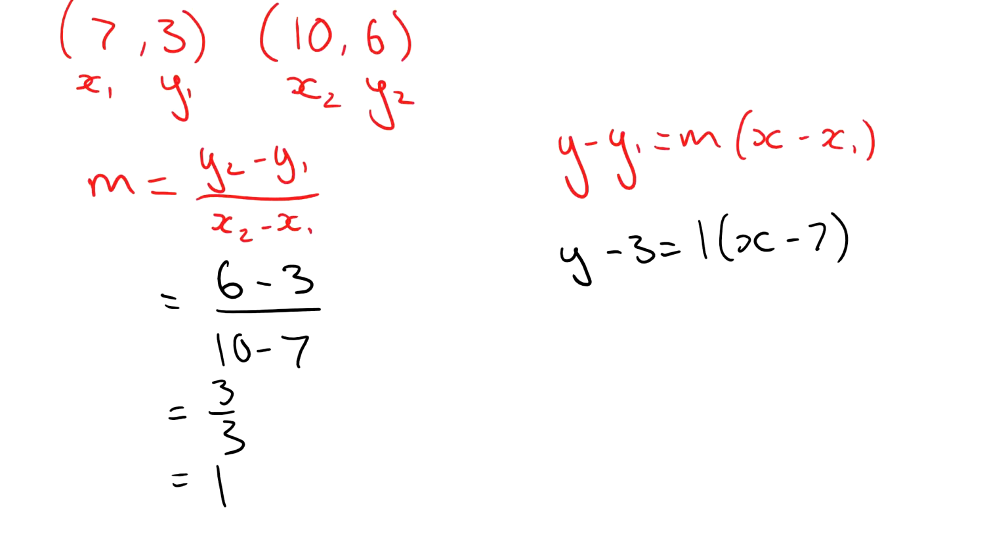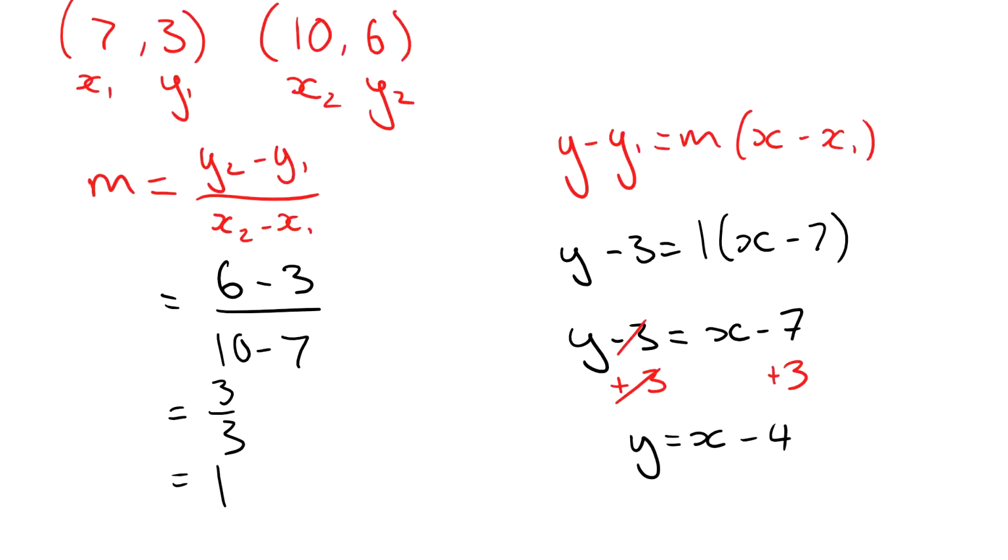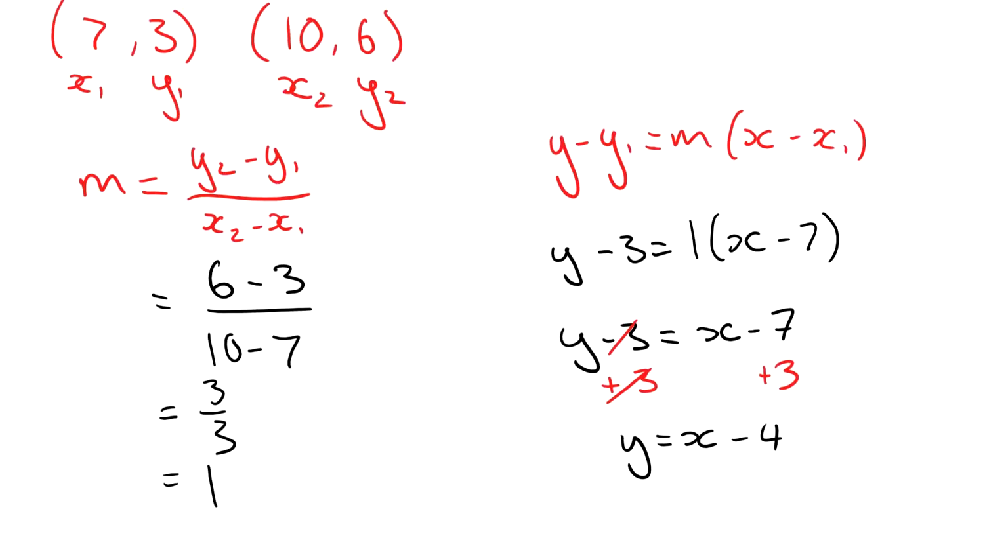I don't need to expand those brackets because it's just times by 1, so I'm left with y minus 3 equals x take away 7. This time I'm going to leave it as the gradient intercept formula. So let's plus 3 to both sides, they cancel out, and I get y equals x minus 4. That is the most common use of this formula, and it's important to know that.